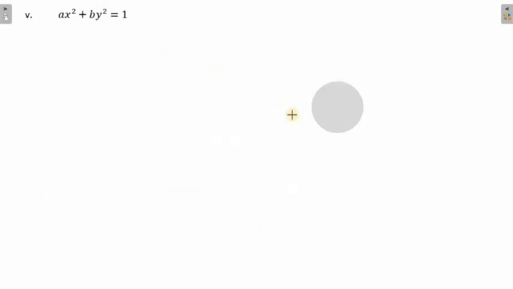We have another question, so let's take this particular question and see how to solve this. First and foremost, we'll call this equation number 1. Differentiate this. Here also there are two constants, a and b.